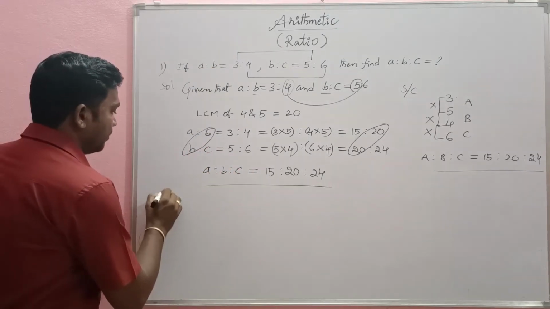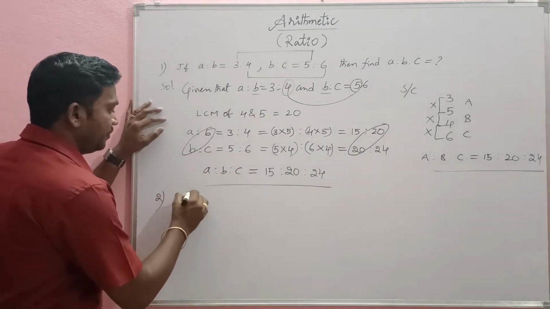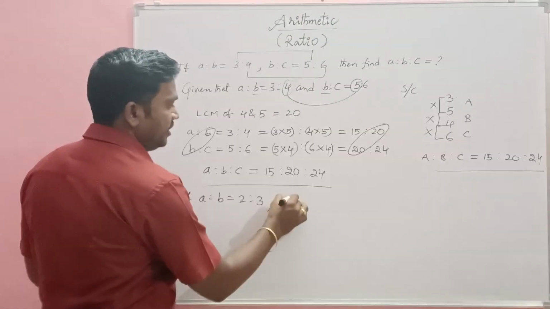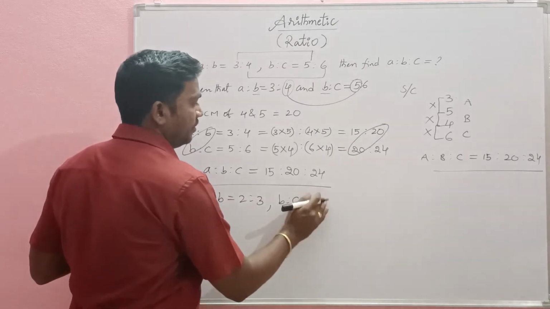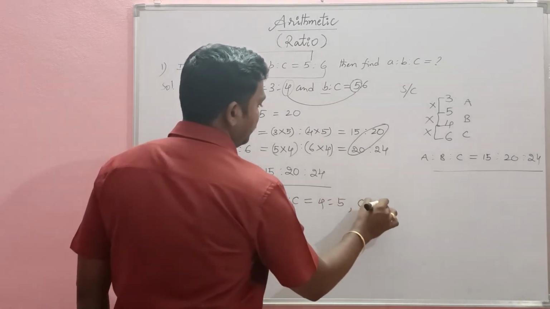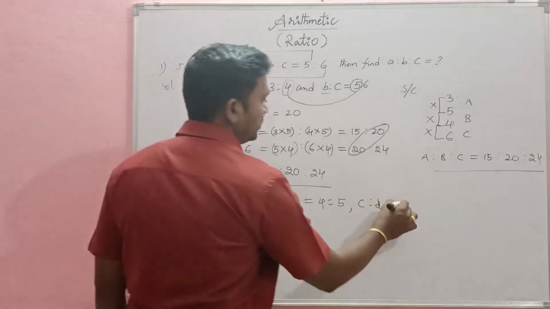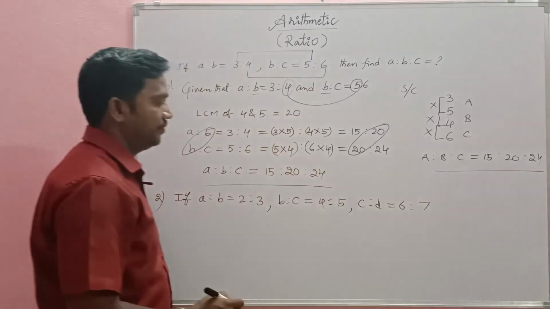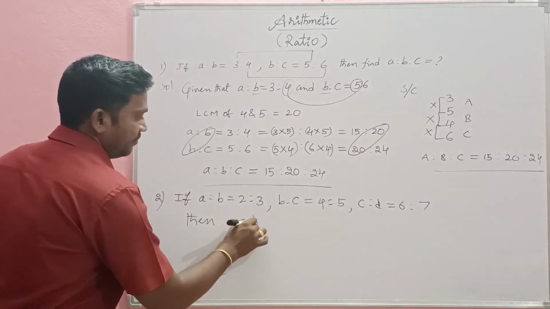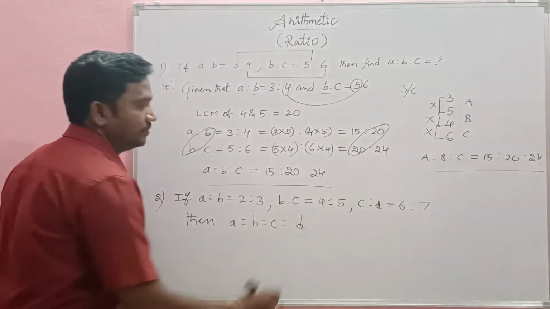Let us see one more example. If A is to B equal to 2 is to 3, B is to C equal to 4 is to 5, C is to D equal to 6 is to 7, then what is the ratio of A is to B is to C is to D?